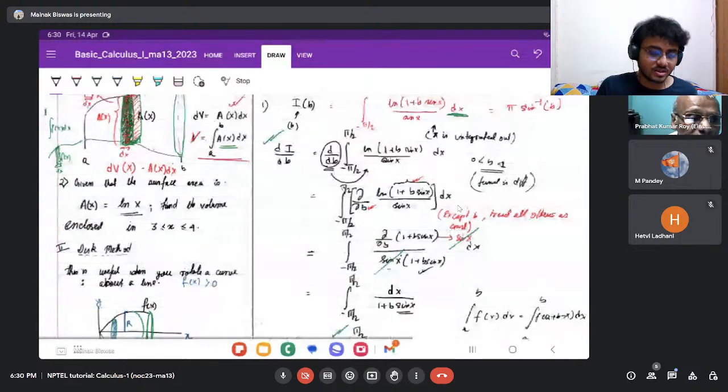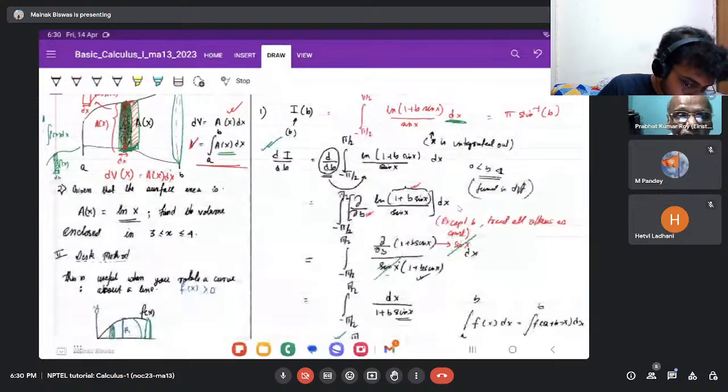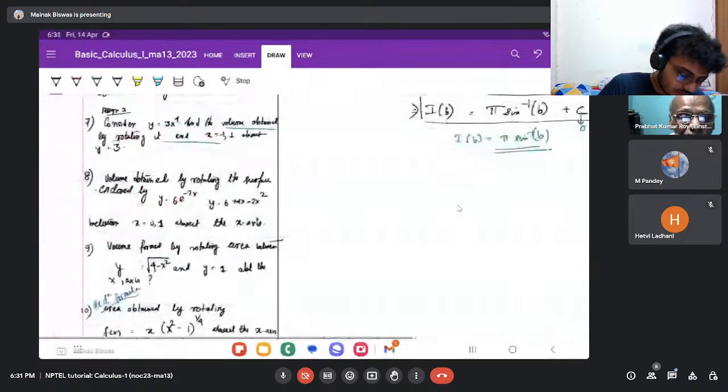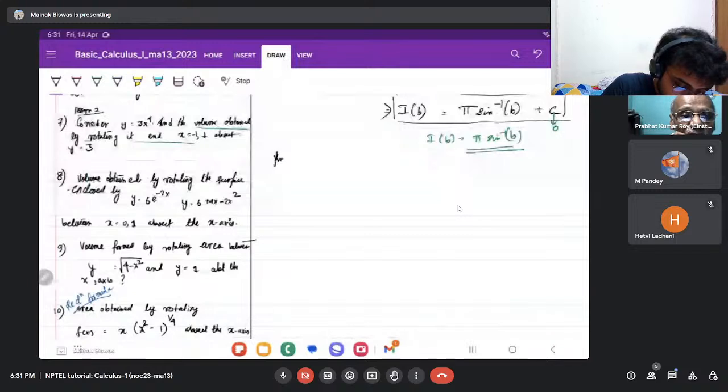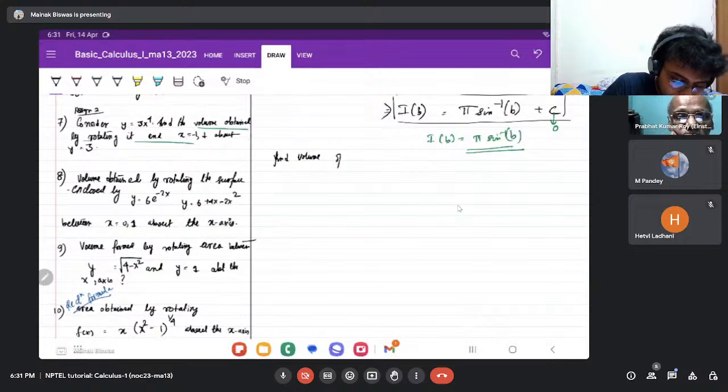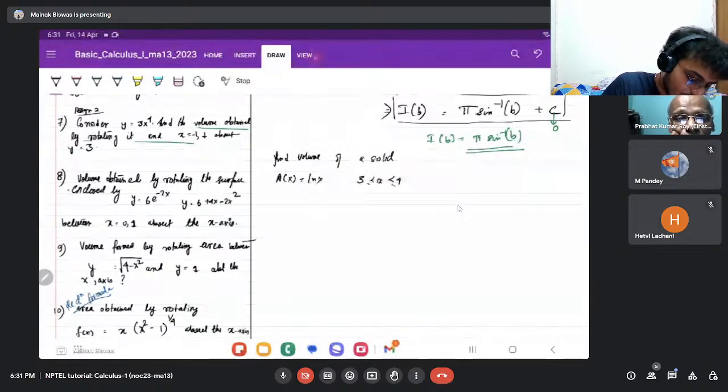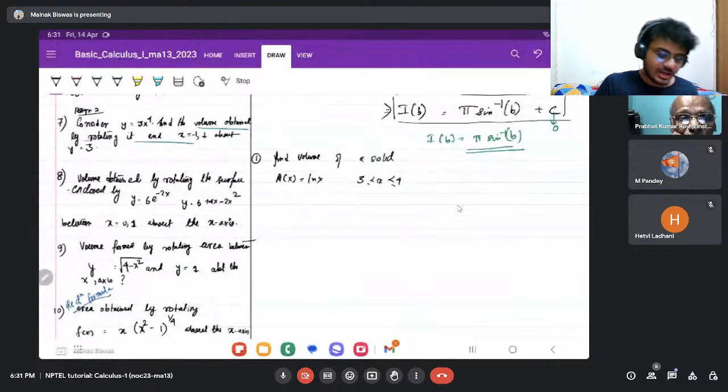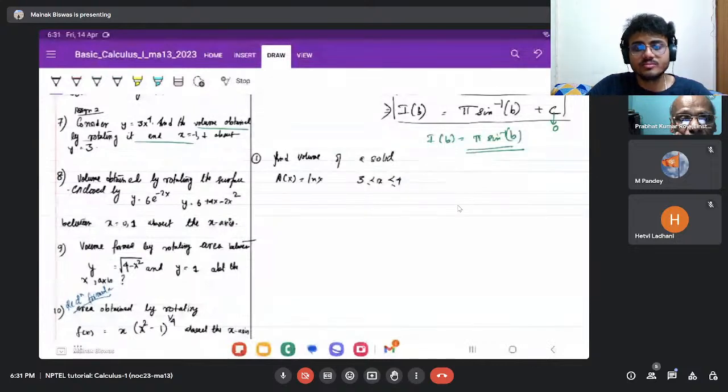So the volume would be, as we have discussed, you are told to find the volume of a solid where A(x) is equal to log x between x equal to 3 and 4. So how will I make the integral? What will I make this integral into?